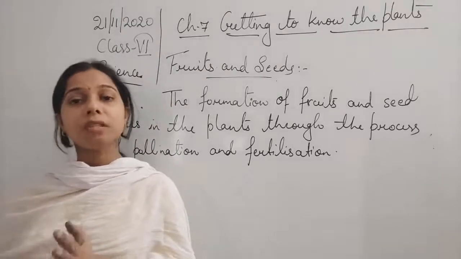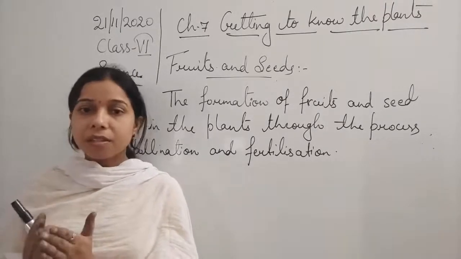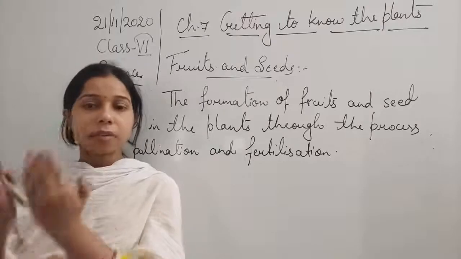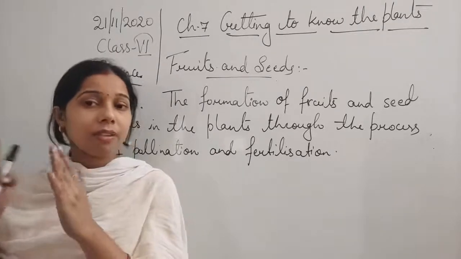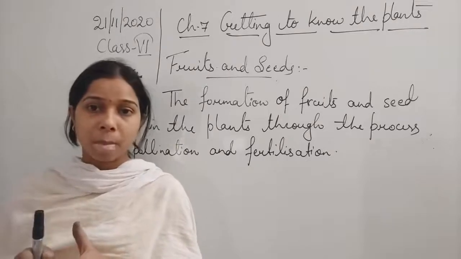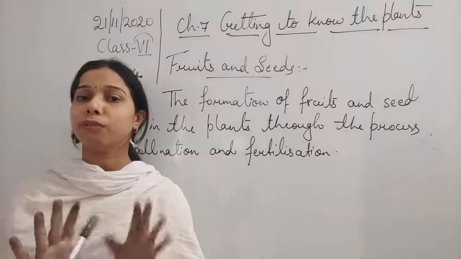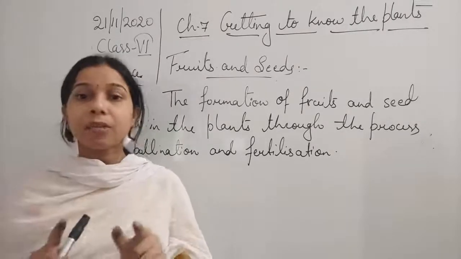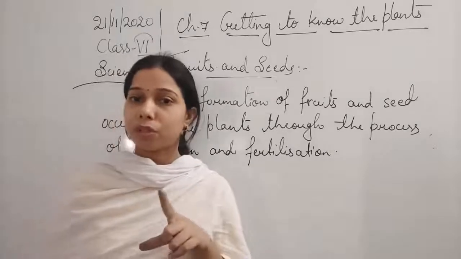When the zygote starts dividing, then the formation of a seed occurs, and outside to that, the ovary portion, because everything is occurring inside the ovule, we can say the ovary portion will get converted into the fruit. So the ovary gets converted into the fruit portion and the ovule gets converted into the seed.